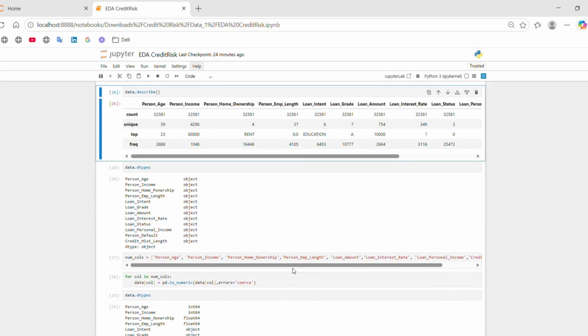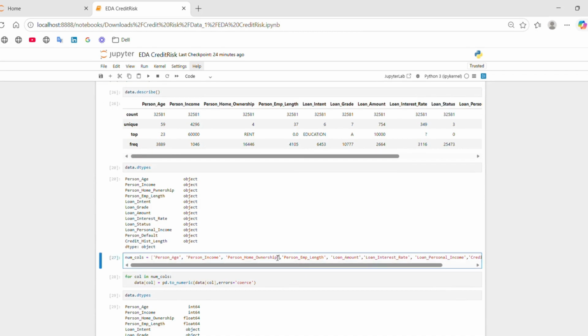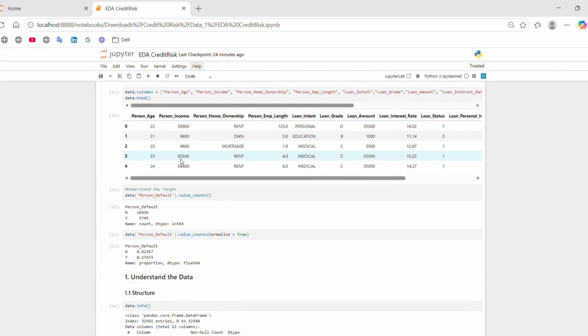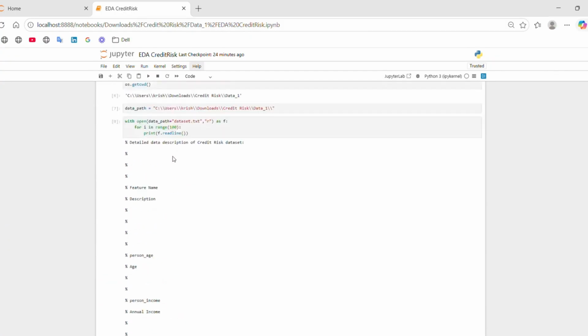Person home ownership is categorical, so this should not be in the numerical columns in the first place. Person age, person income, employment length, loan amount, interest rate, income, and historical length.